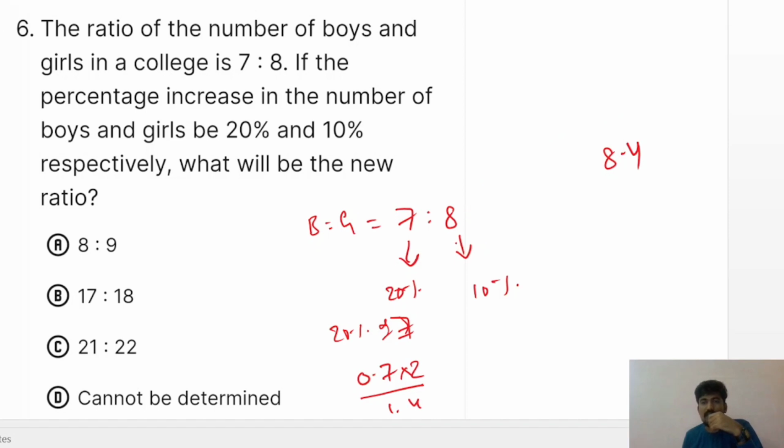Here 10% of 8 means 0.8. 8 plus 0.8, so 8.8 will be the girls' ratio. Here 8.4 to 8.8, that is 84 by 10 to 88 by 10. 10 gets cancelled. The ratio is 84:88. Here 4 twos, 4 ones. The final ratio is 21:22.